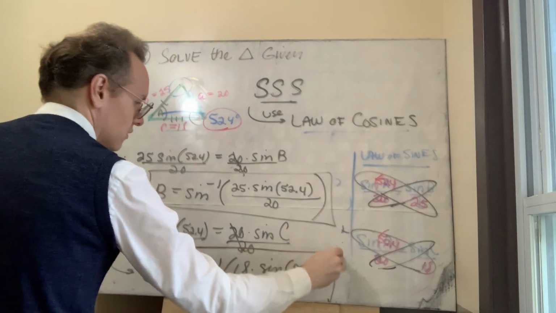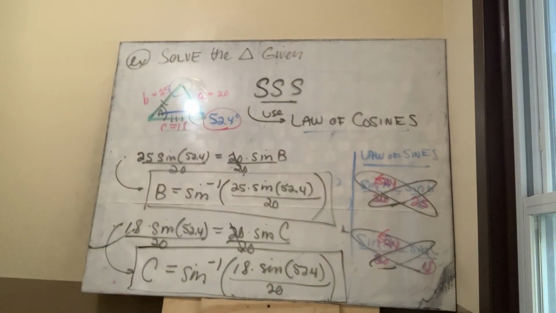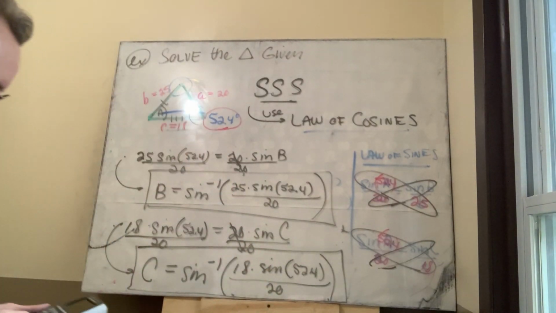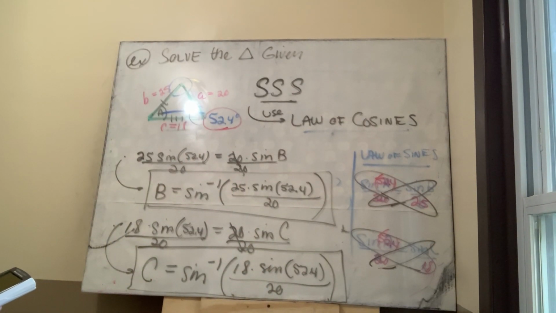Enter this into your calculator. So let's see. Clear. The inverse sine of, being very careful as I type this, 25 times sine of 52.4 divided by 20 is that.